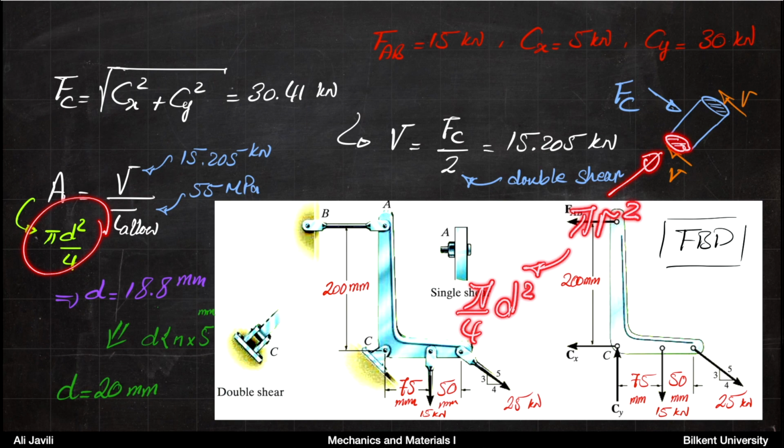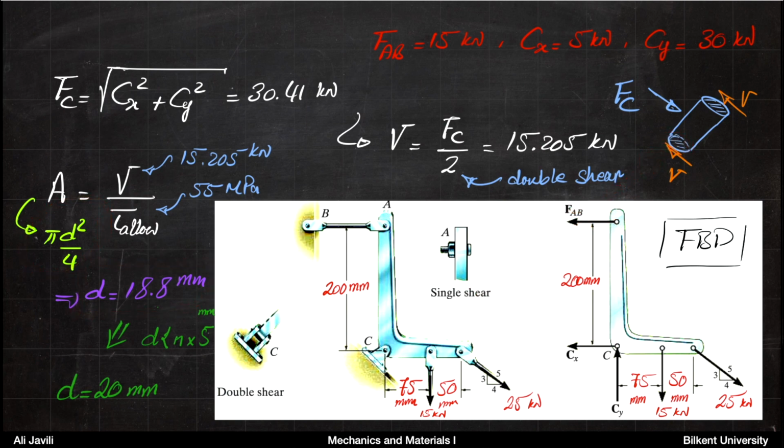From that you can calculate d, and then you get d to be 18.8 millimeter. Now remember, we wanted this to be a multiple of 5 millimeter. That means you need to round it up so that you get the closest 5 millimeter pin. And that would be 20 millimeter.